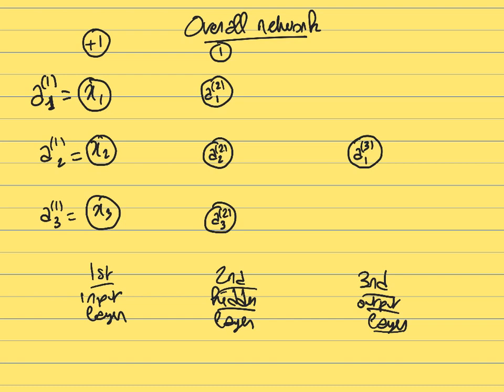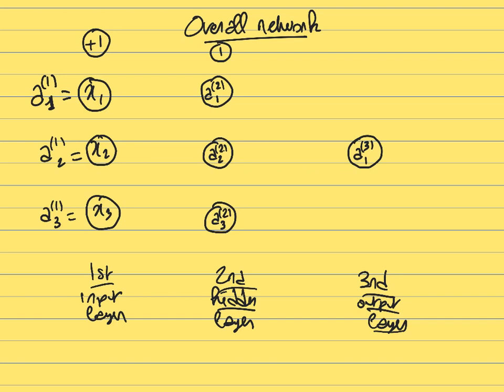The neurons of the first layer are not directly connected to the neurons of the third layer. Similarly, the neurons of the second layer are not connected to each other. Like neuron 1 from layer 2 is not going to be connected to neuron 2 of layer 2.